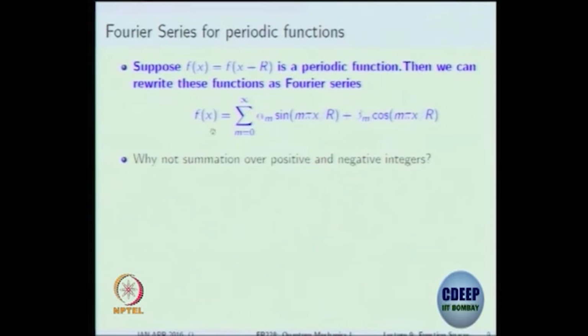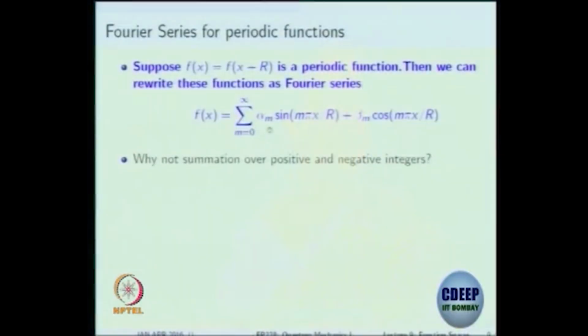Are you seeing the spirit? If you have a set of basis functions, you can write any arbitrary function as a linear combination with some scalar coefficients alpha m and beta m.